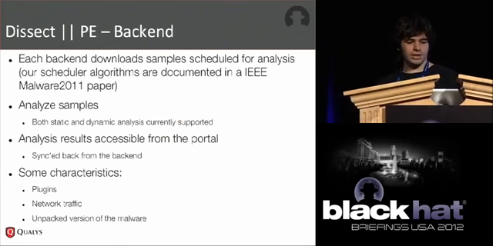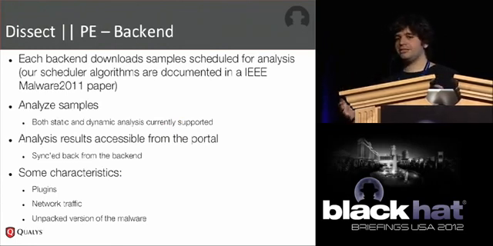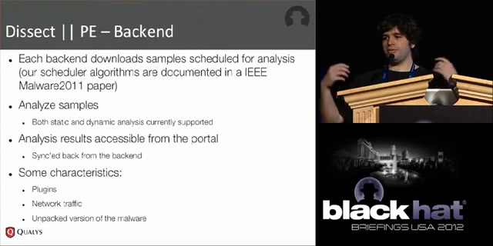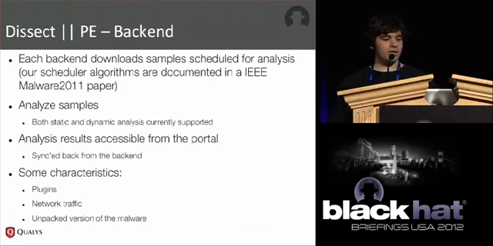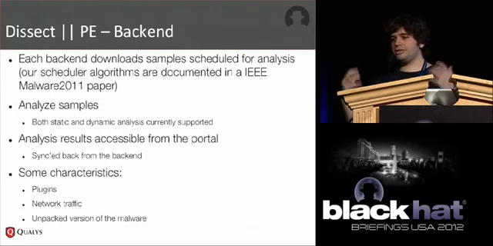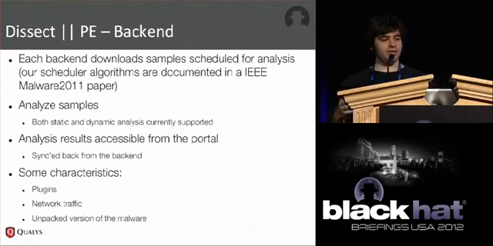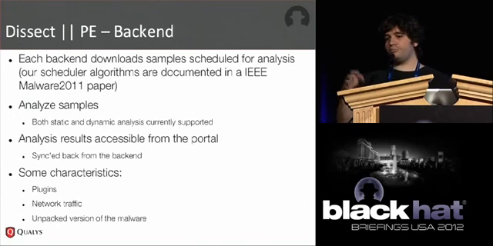We have a backend that, given the samples, processes them. Each backend downloads the sample that was scheduled for it. We wrote a paper for the IEEE Malware 2011 conference, describing important details of the scheduler implementation.